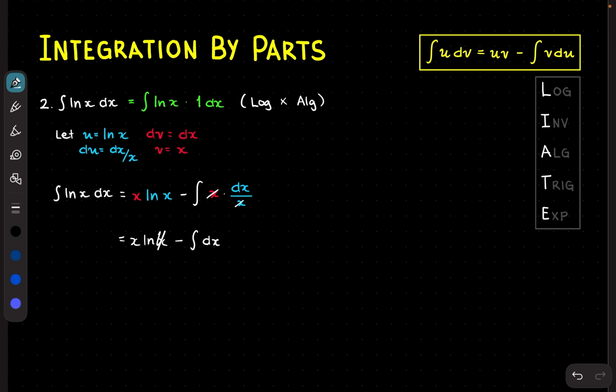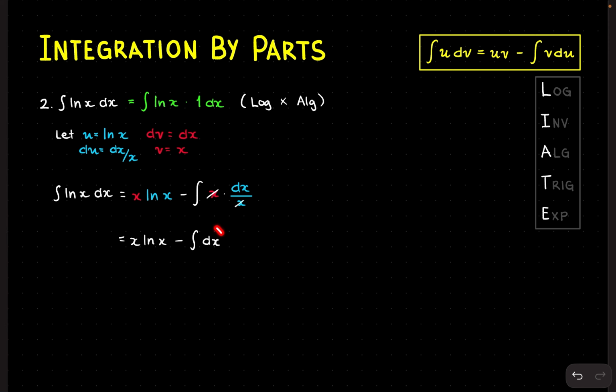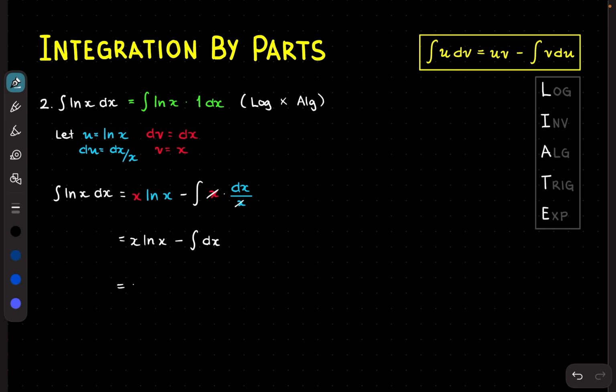And then this one is easy to integrate. Actually, we have done it earlier when we obtained v out here. So this one just becomes x ln of x minus x plus c.